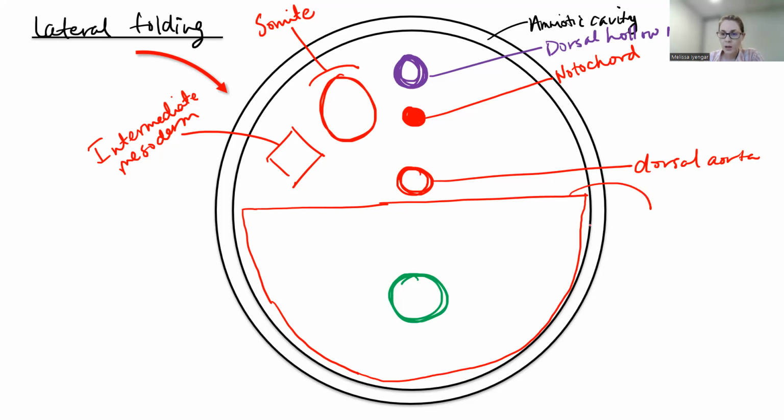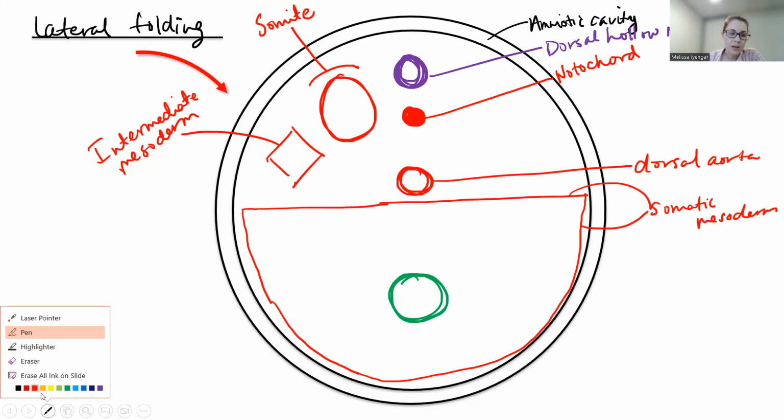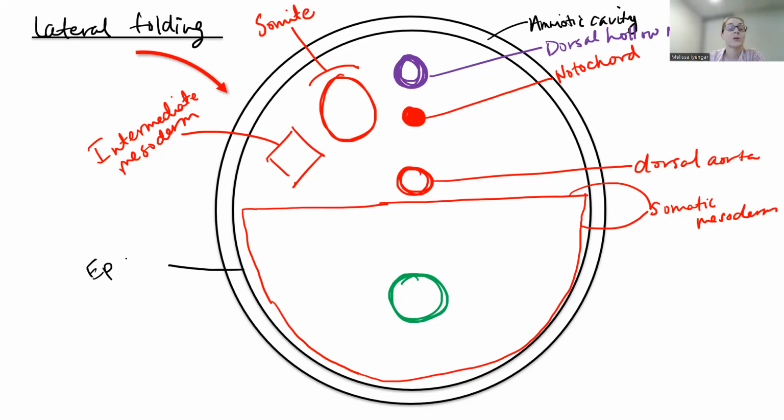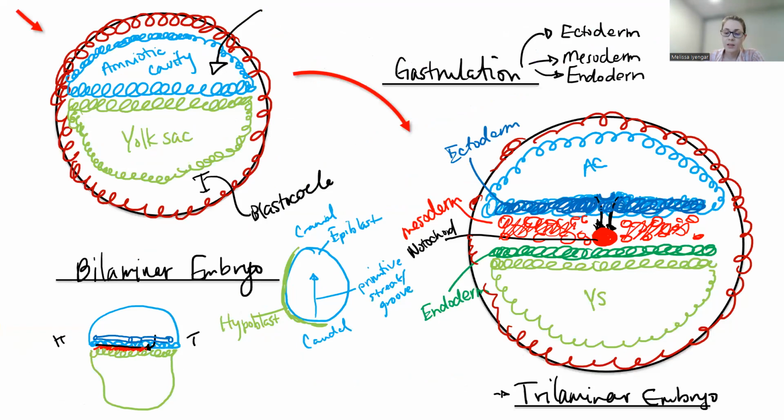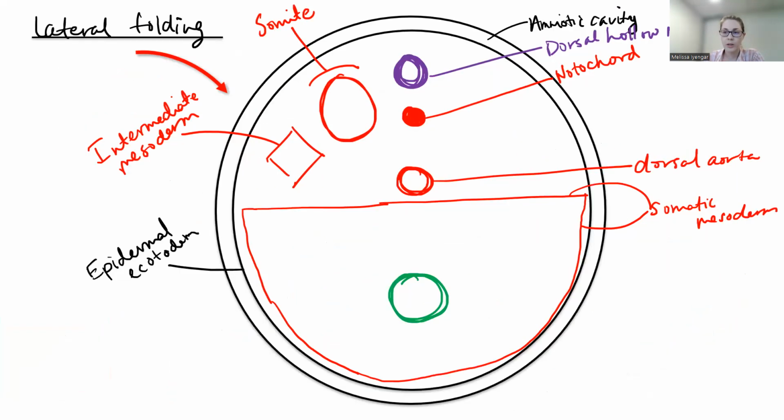This is going to be my somatic mesoderm. How do I know that's my somatic mesoderm? Because this outer black layer here is my epidermal ectoderm. Remember, the somatic mesoderm has to be closest to the epidermal ectoderm. So that's going to help us make body wall structures, specifically the tissue that lines the inside of the body.